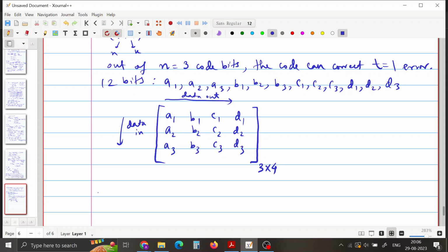The transmitted data out sequence would be row wise. So A1, B1, C1, D1, first row. A2, B2, C2, D2, second row. A3, B3, C3, D3, that's the third row.